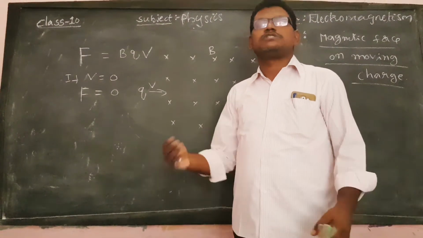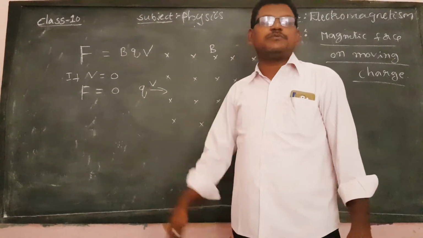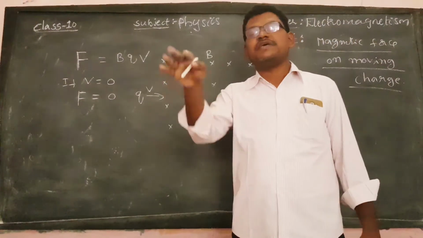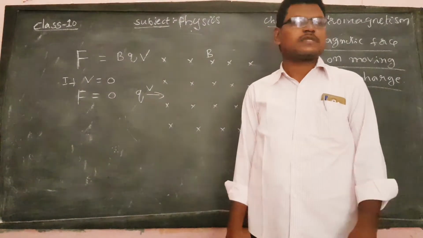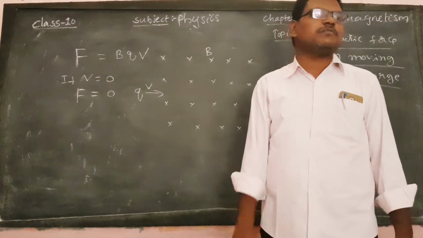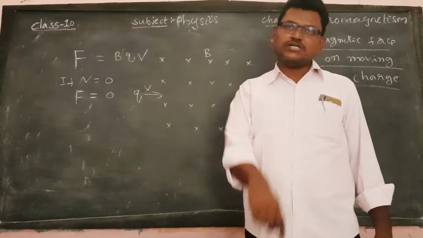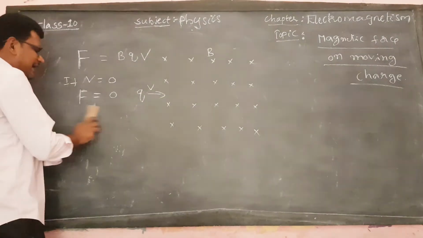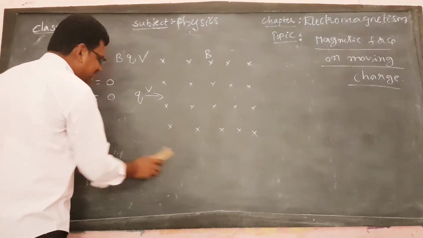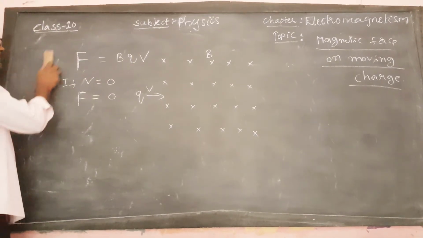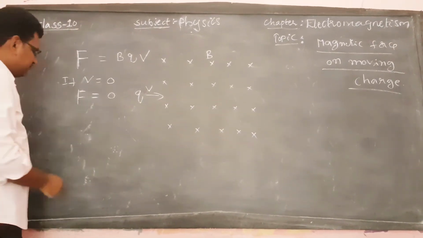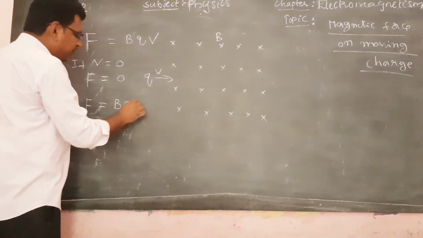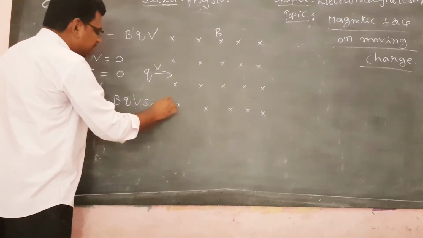Suppose the charged particle enters into a magnetic field at an angle other than 90 degrees, then what is the expression for the magnetic force acting on it? The general expression for the magnetic force acting on a charged particle, calculated experimentally, is F equals BQV sin theta.